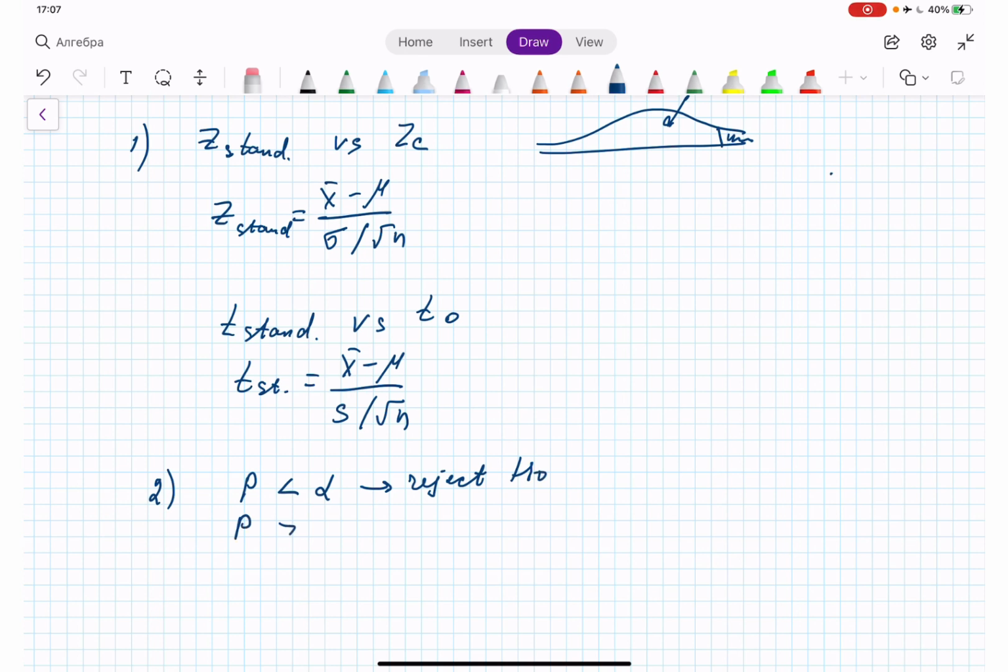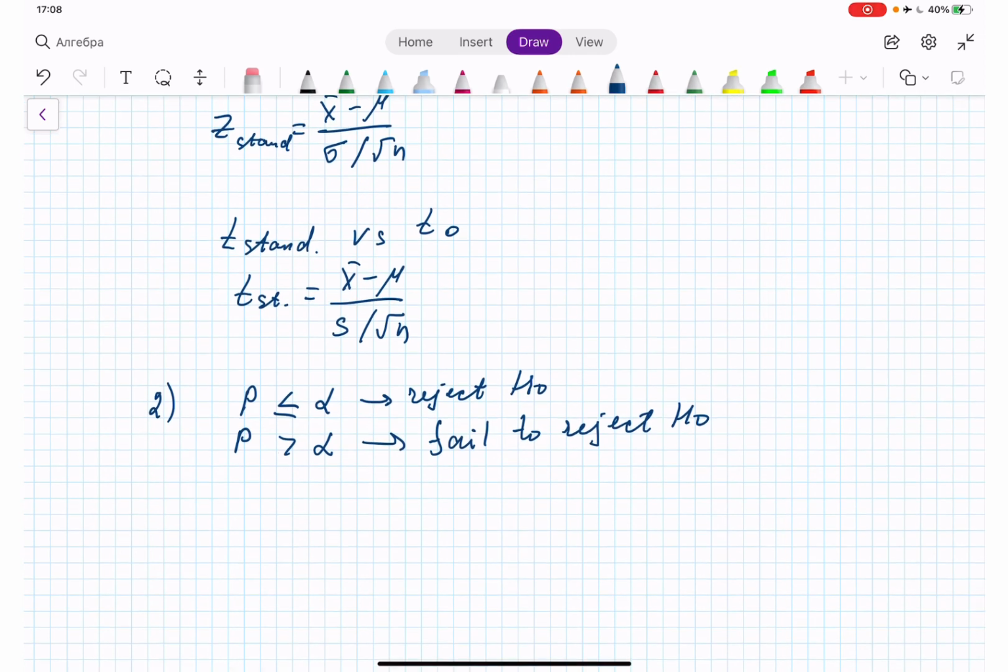If p-value is greater than alpha, then we fail to reject the null hypothesis. If your claim is about the null hypothesis, then this decision will be final. But if your claim is regarding the alternative hypothesis, you have to take the complement of null. If null is rejected, then the alternative is fail to reject. If null fails to be rejected, then the alternative is reject.